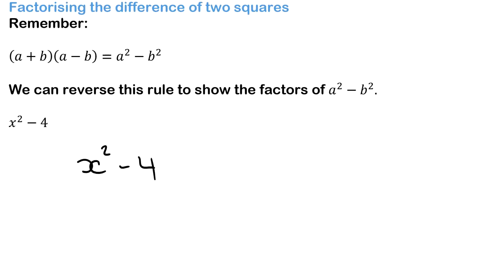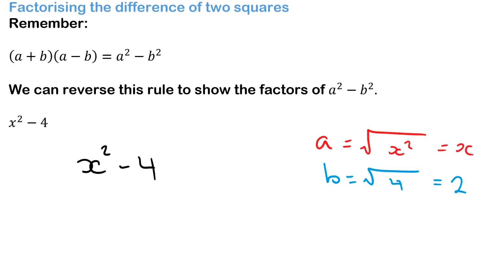If I'm trying to find what my a is, my a is going to be the square root of my first term, x squared. And my b is going to be the square root of my next term. So this comes out as x, and this comes out as 2.